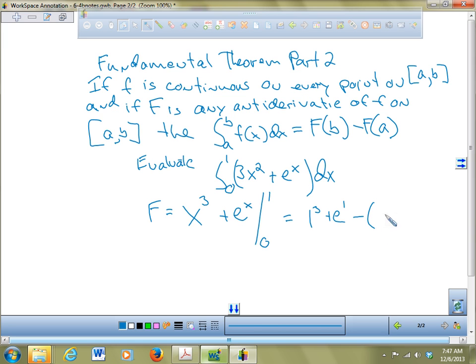Minus 0 cubed plus e to the 0, okay? And then you simplify, which is 1 plus e minus, what's this quantity equal to? 1, which is equal to e. Whoa, okay? So that would be the area under this curve from 0 to 1.